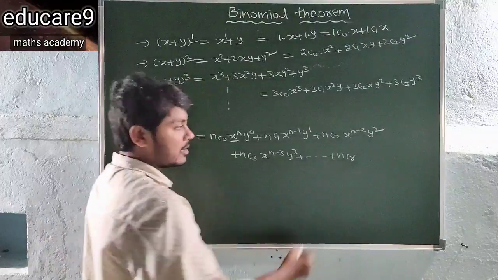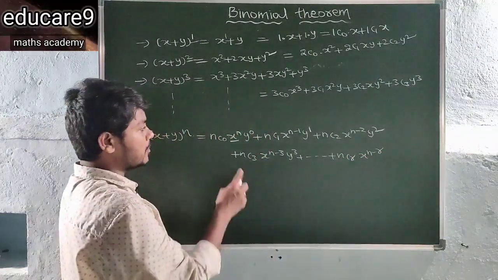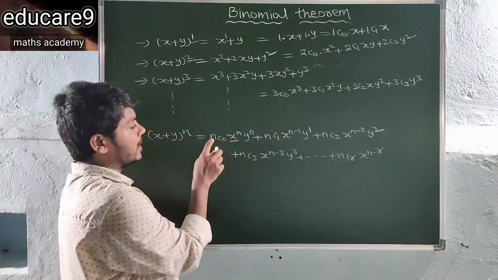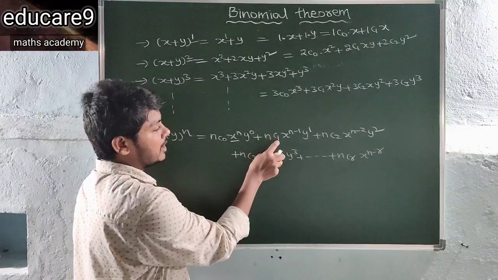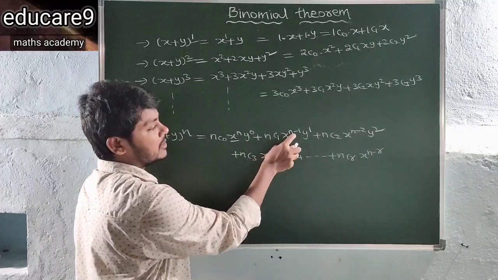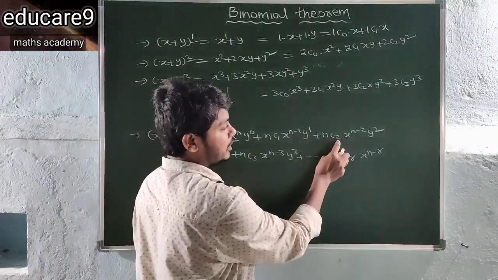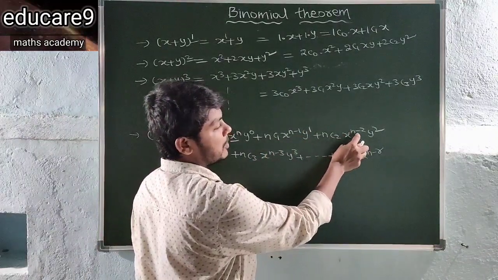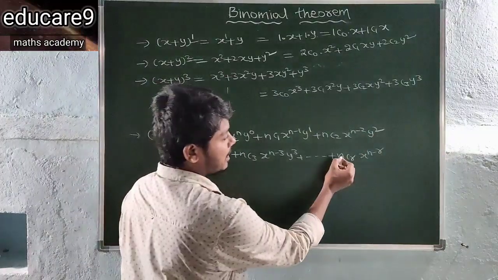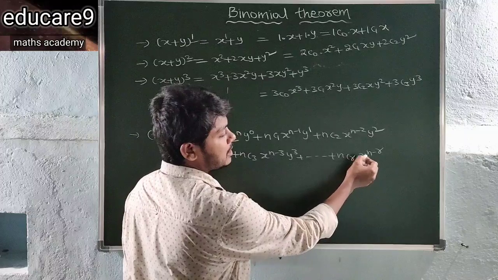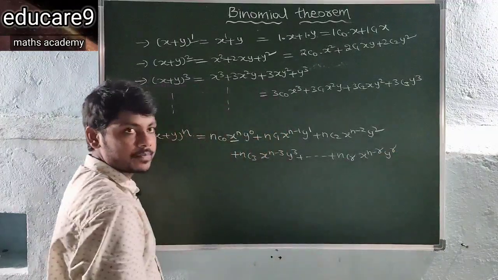nCr x to the power of n minus r. So once you observe this, nC0 x power n minus 0, nC1. So here clearly n minus 1 is power of x and 1 is the power of y. So here nC2, n minus 2 is the power of x and here 2 is the power of y. So clearly nCr, n minus r is the power of x and r is the power of y.